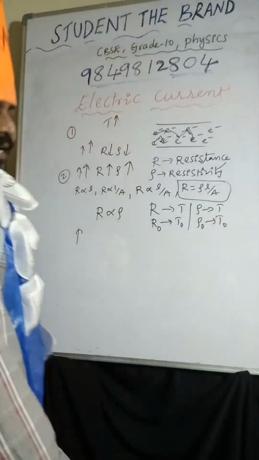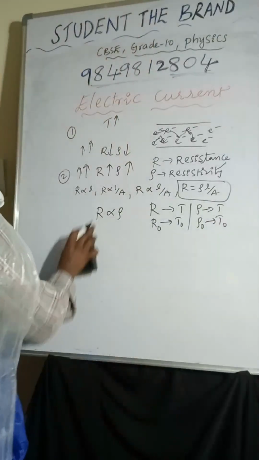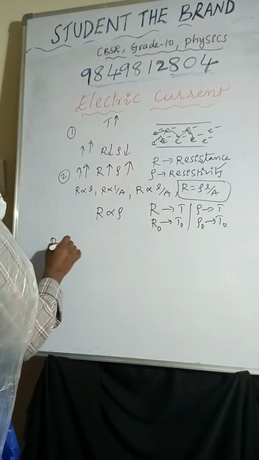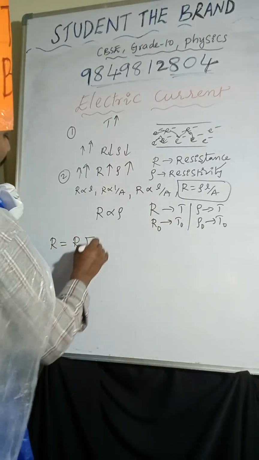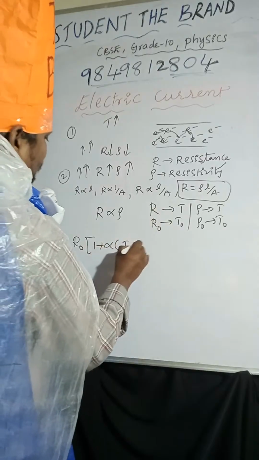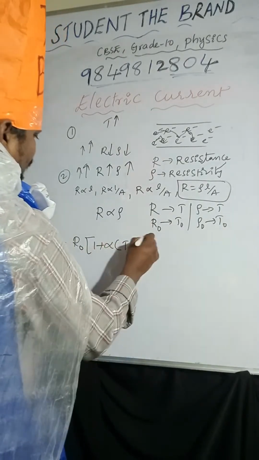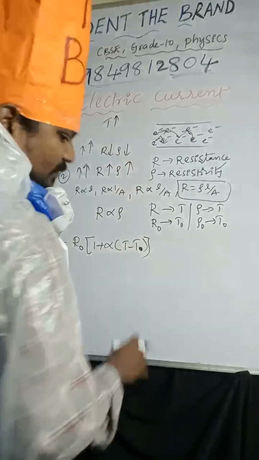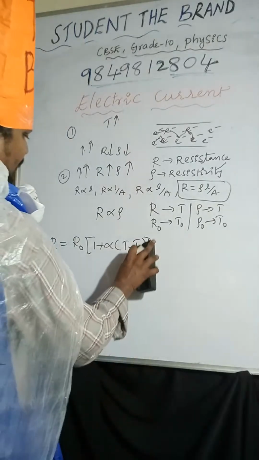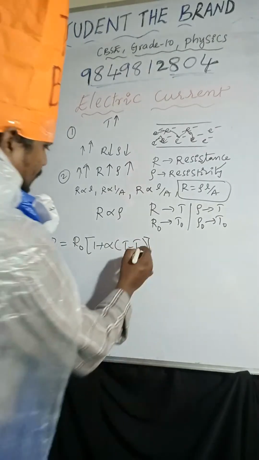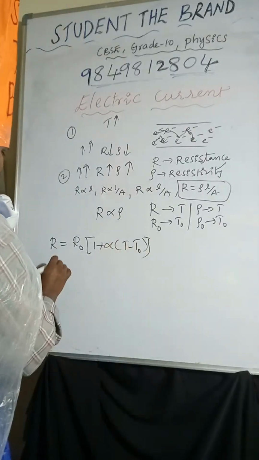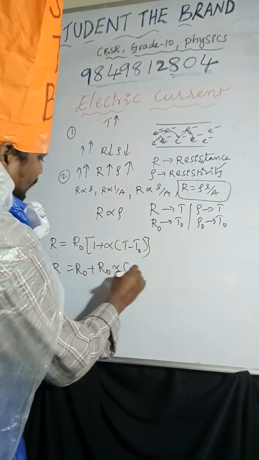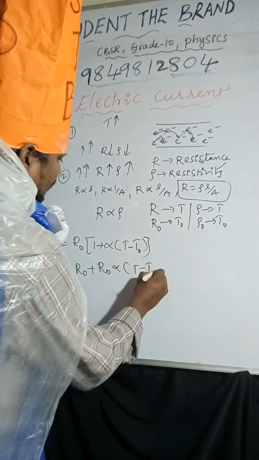Now we can write like this: R equals R naught into 1 plus alpha into (T minus T naught). So R equals R naught plus R naught into alpha into (T minus T naught).